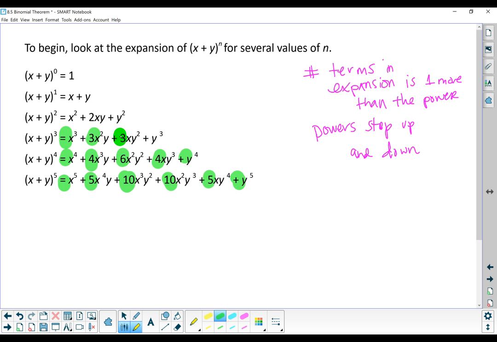They're symmetric. 1, 3, 3, 1, 1, 2, 1. And that would work if we had a sixth power here: the coefficients would be 1, 6, 15, 20, 15, 6, 1. So always you'll see the symmetry of those coefficients.